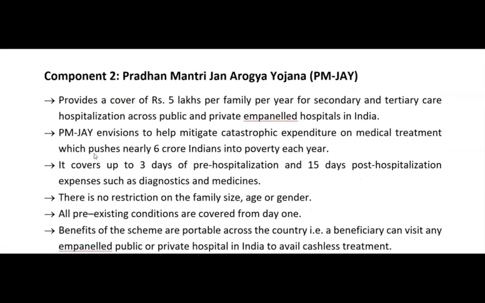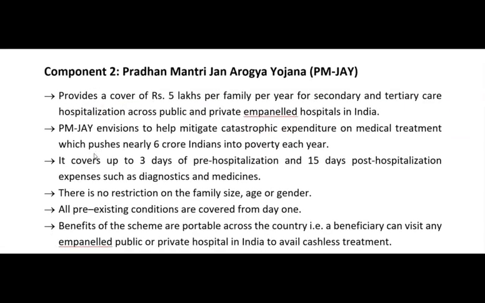And then component 2 comprises the Pradhan Mantri Jan Arogya Yojana. This provides a cover of 5 lakh per family per year for secondary and tertiary care hospitalization across public and private empaneled hospitals in India.